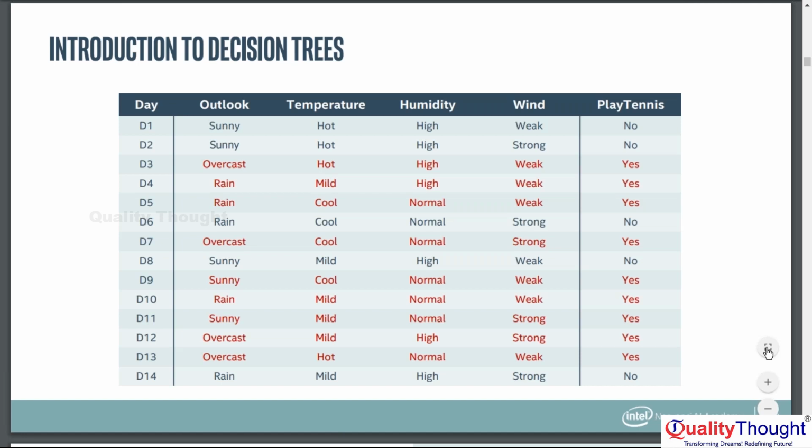Day 4, outlook is rain, temperature is mild, humidity is high, and wind is weak. Wherever you look, you could observe clearly that there are different aspects we could always consider. We need to take the decision whether to play tennis or not based upon the given understanding.